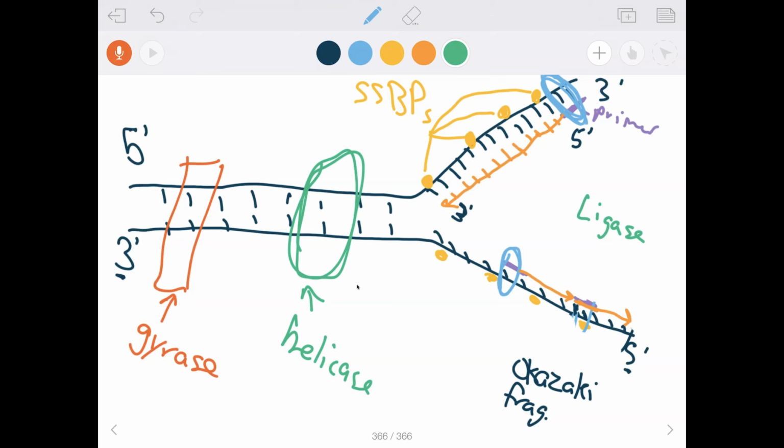So what it does is, we filled in the gap, right? What it does is it ties the pieces together. So now you get one continuous strand. And then this will happen all over again. Primer gets put down.